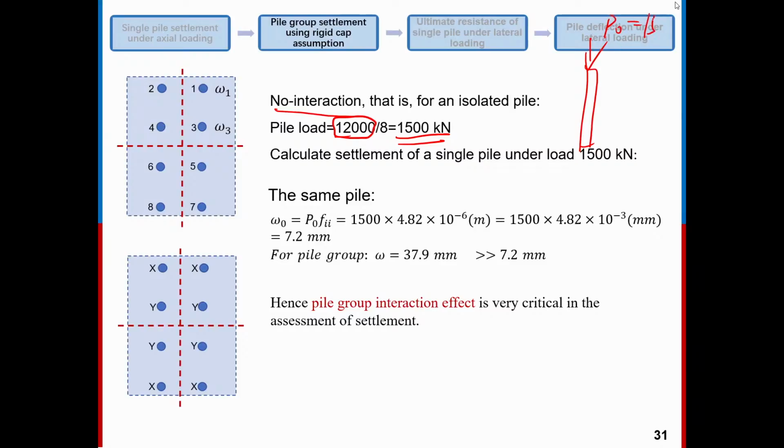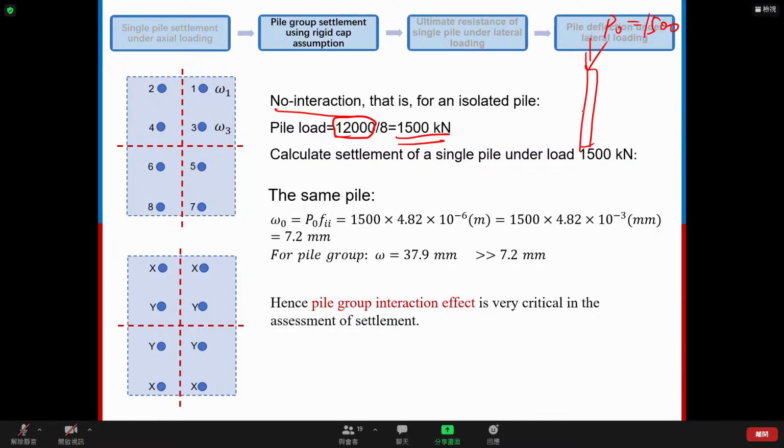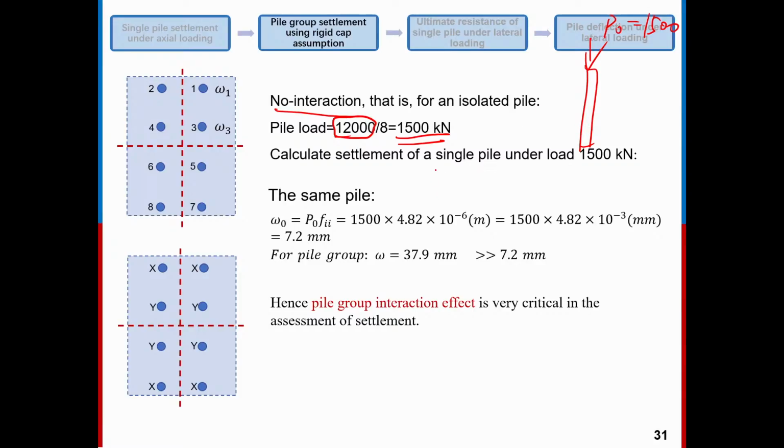This P0 is 1,500 kilonewton on top, and we have only one single pile here. And we calculate the settlement. Omega 0 is equal to P0 Fii, right? P0 is this value, and Fii, we already got it, okay?